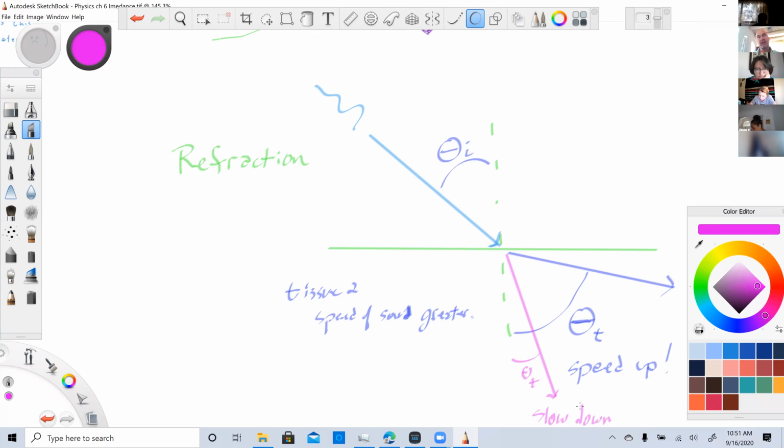Now, if I'm Edelman, I draw this entire picture on its side. I think I know why he does that, because he's using the normal as the horizontal. I get it. I don't agree with it, but I get it.